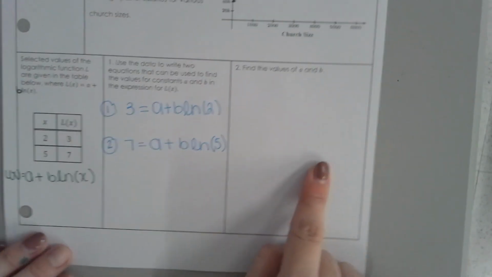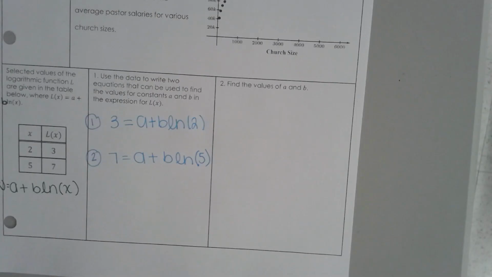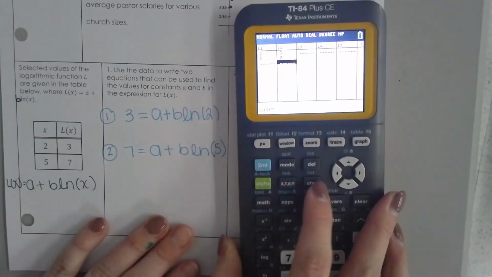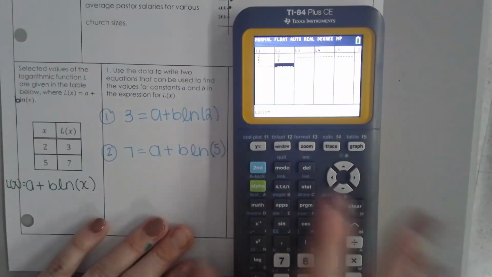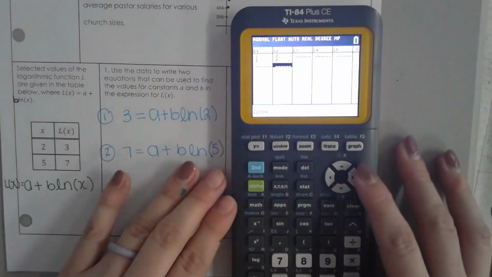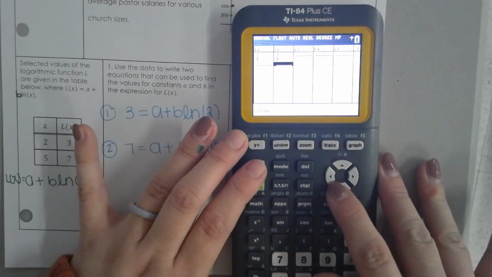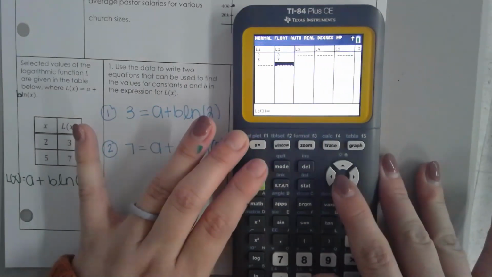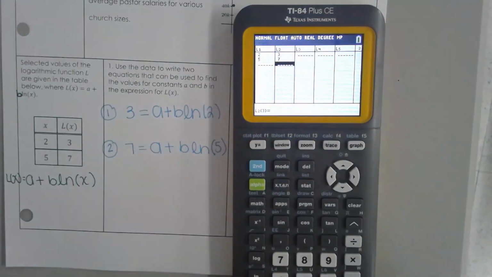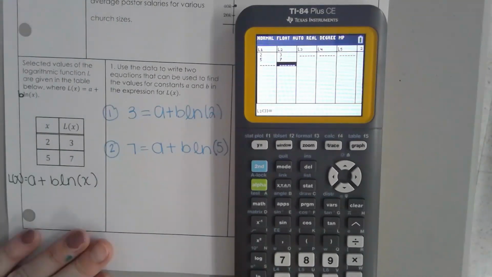And then number 2, to actually find A and B, we went to Stat, Edit. Go down. Trying to fix the brightness on this. Okay. We went to Stat, Edit, and we put in these 2 points.